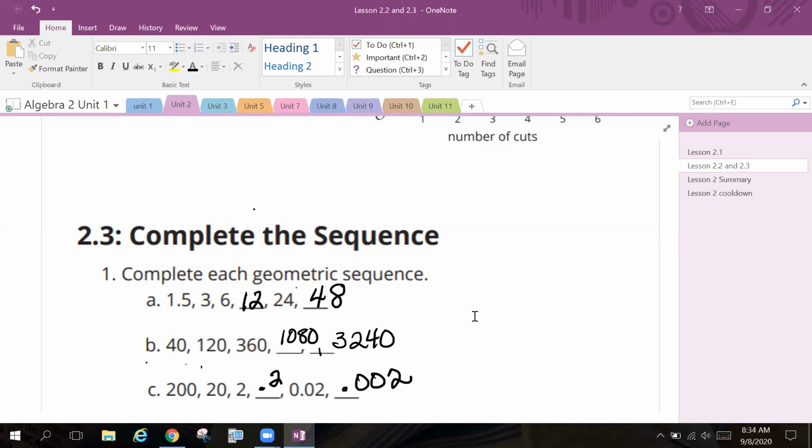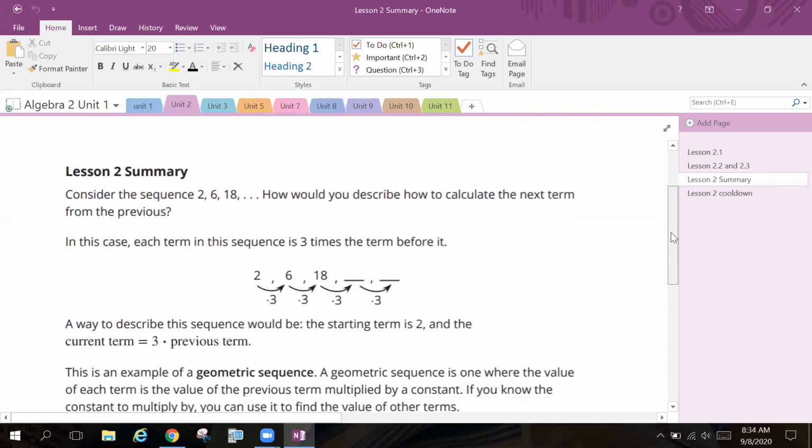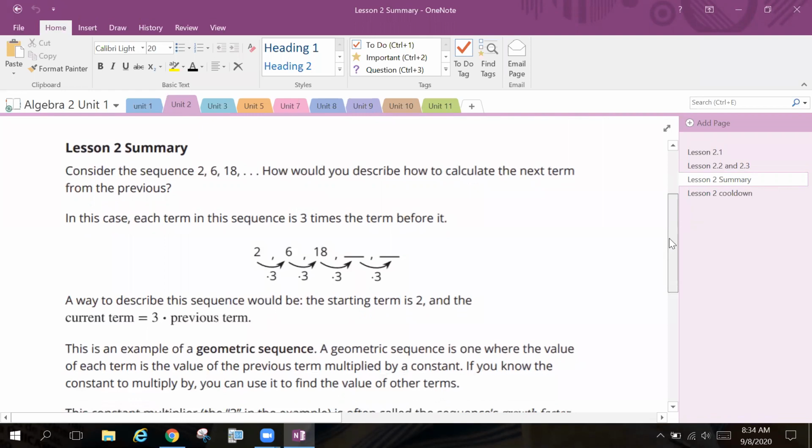All right, so to tie all this up together, if you look at the summary, okay, they said consider the sequence 2, 6, 18. How could you describe that?